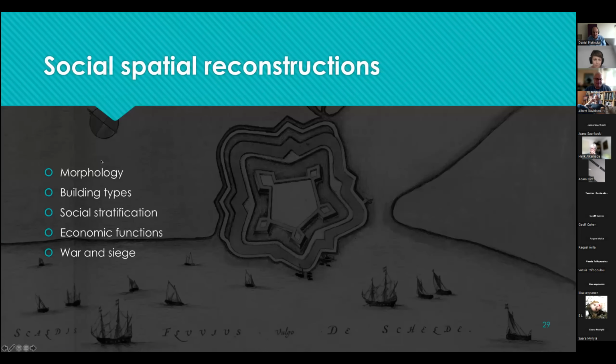Right, so now the spatial reconstruction that takes into account the social data. Most of the work that they have done is trying, from all the archival data, to get out economic functions. This is a pub, this is a public building, this is a military building, etc. This is a small house, this is a rich house, etc. And do a bit of social stratification, because there was quite a lot of social stratification in Lillo.